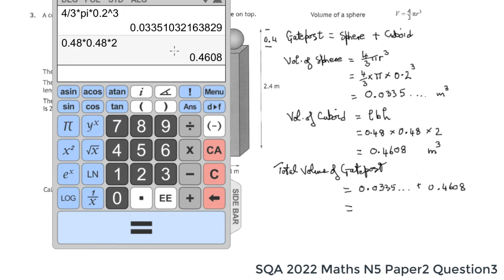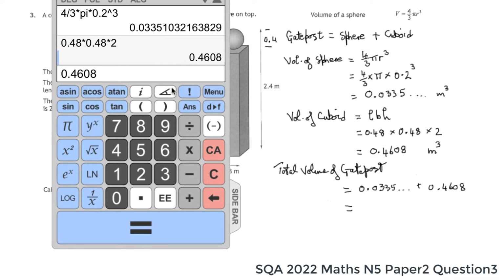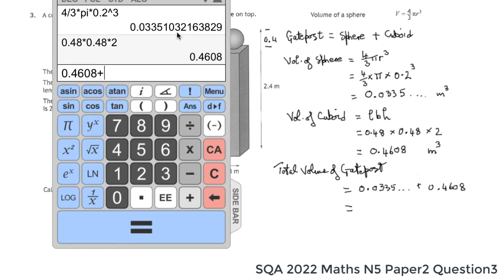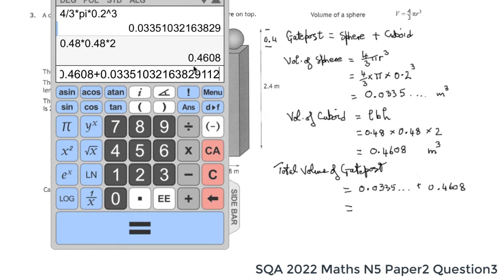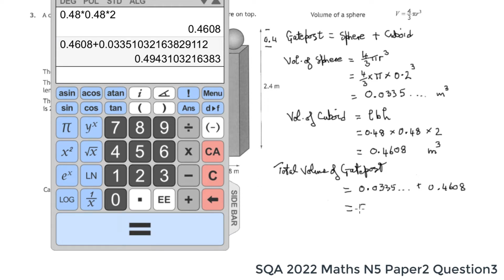And let's go to the calculator for that. There's that one plus that one. If you're wise, you'll have stored these in your calculator, and that gives us 0.4943 and so on.